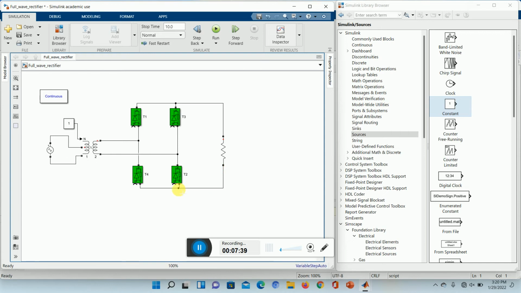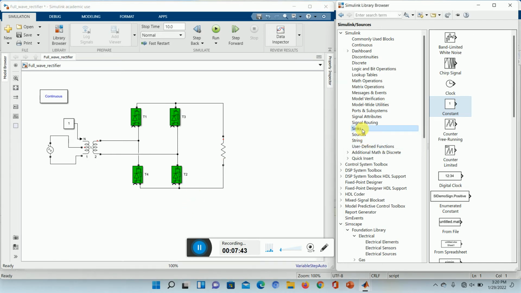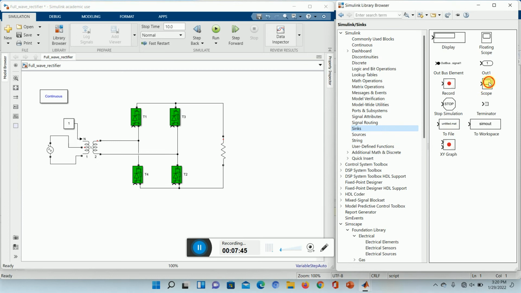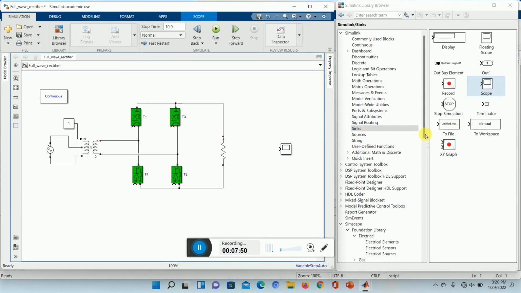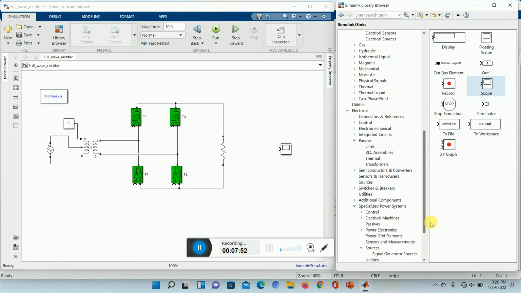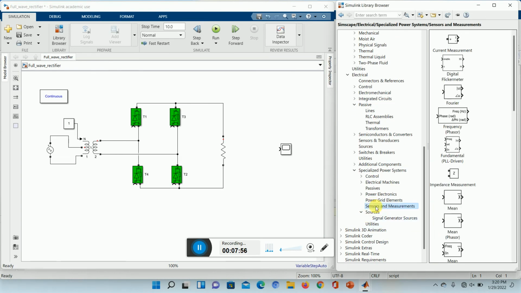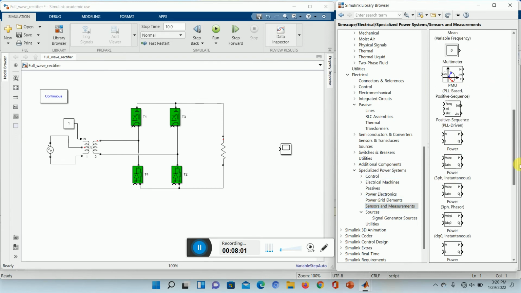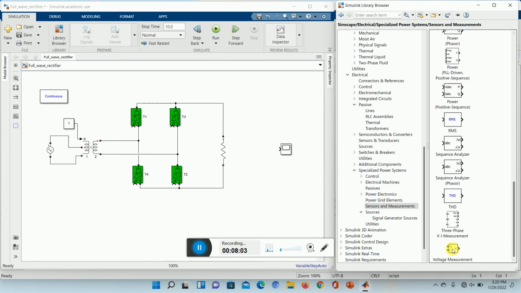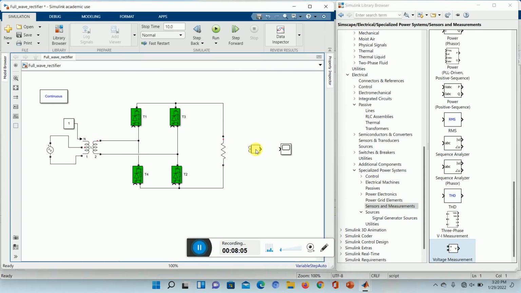Good. Here we have the sink. We take the scope. And then we need measurements, sensor and measurements. Here we have current sensor. Let us take the voltage sensor and just measure the voltage.